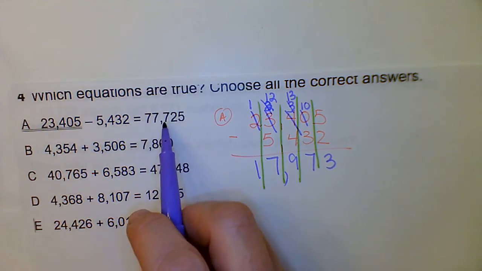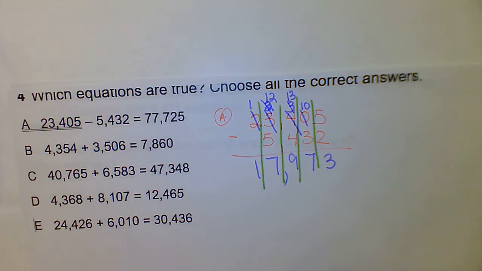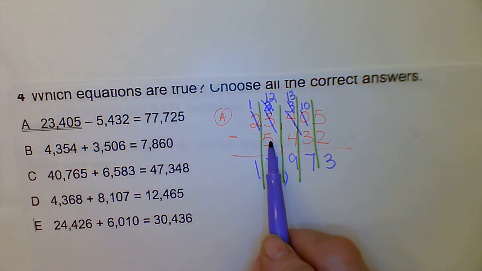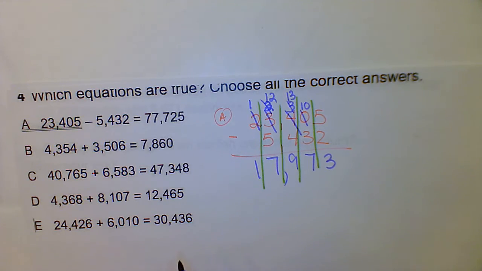And I can tell you what they did wrong. They lined up their numbers incorrectly. They moved this all over. They lined up the 5,000 under the 20,000s, and I believe they added. But regardless, it is so wrong.